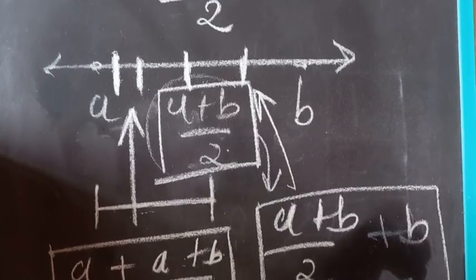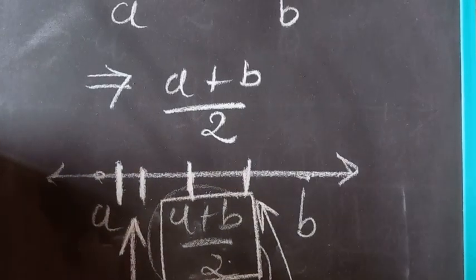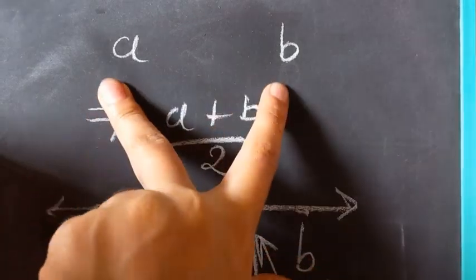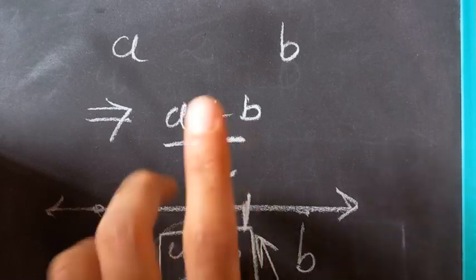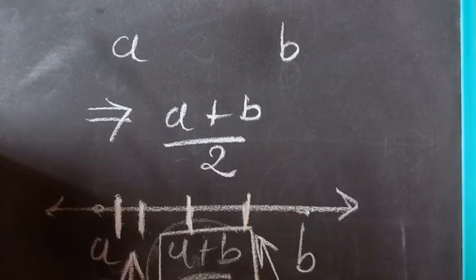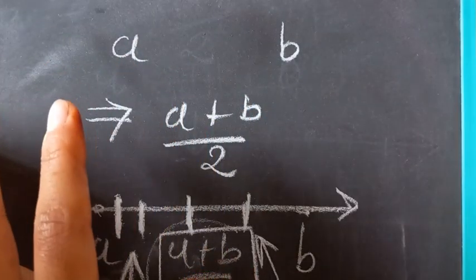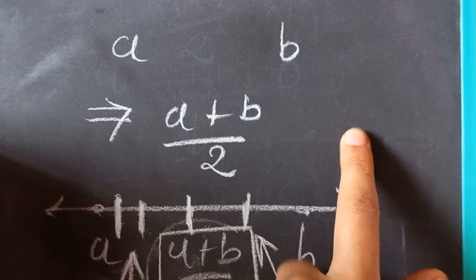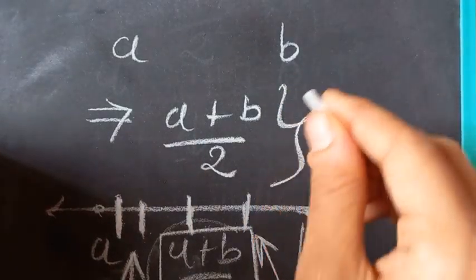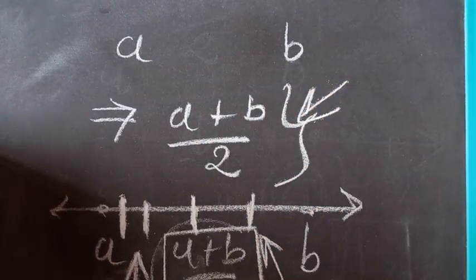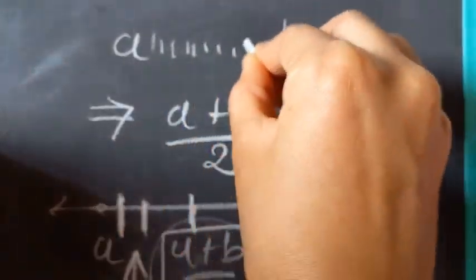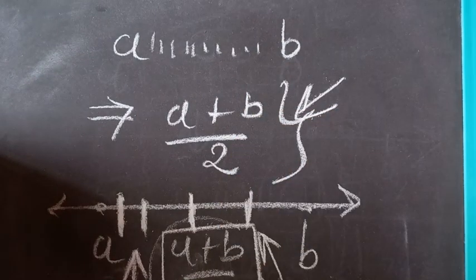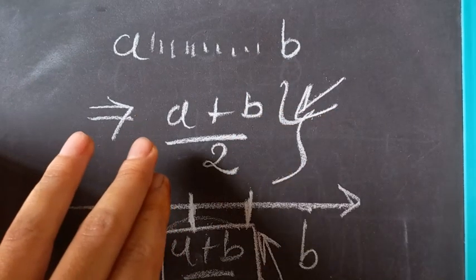Let's recall again. If you are asked to write any rational number between a and b, then you can write the mean of a and b. It is not necessary that this is the only rational number between a and b; there are many, but the fast way is to give the mean of a and b.